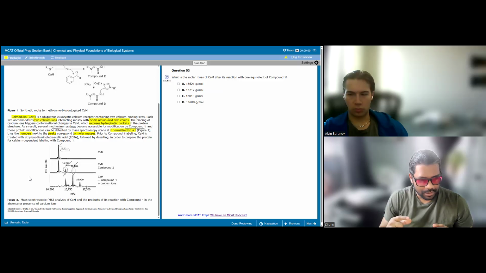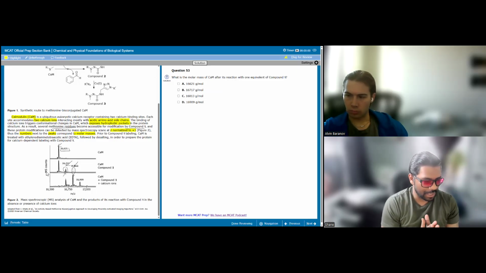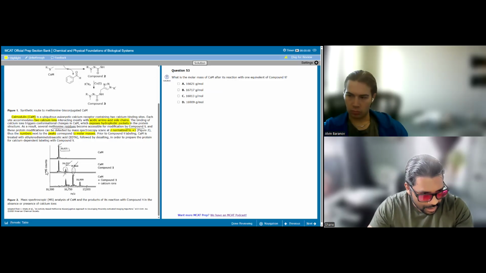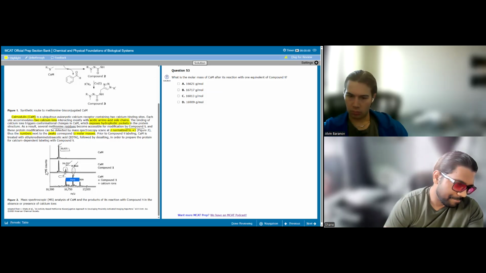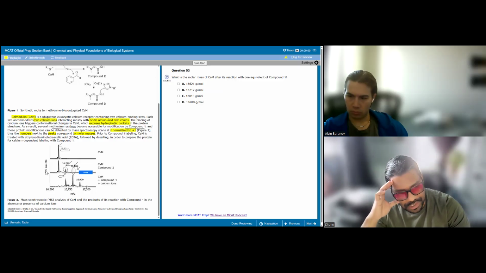One of them has to be the peak of compound 1, and the other the peak of CAM in the presence of compound 1.